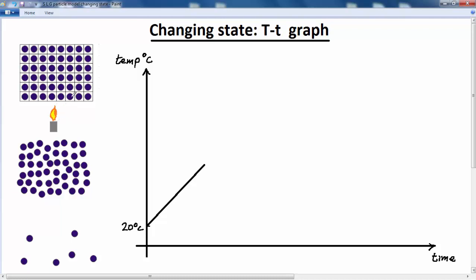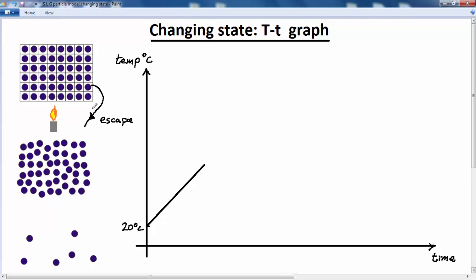So again, what's happening as we're heating up that solid is the atoms, or the prisoners if you like, are vibrating around more and more, but eventually some of these prisoners are going to acquire enough energy to escape from their prison cells. They're going to acquire enough energy to escape from the lattice. So they're vibrating around more and more, and then suddenly, yippee, the particles will start to escape.